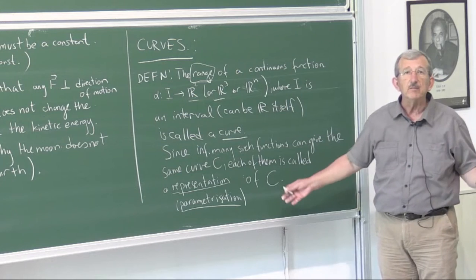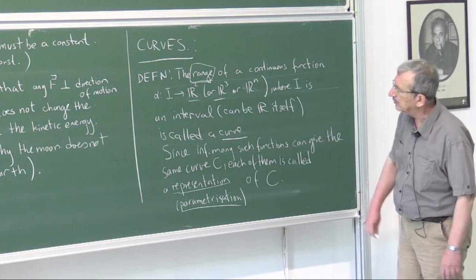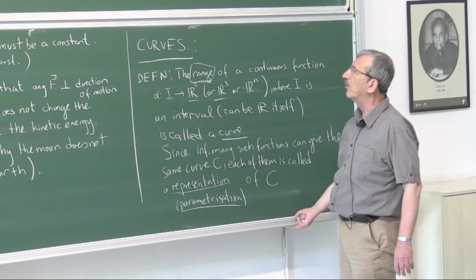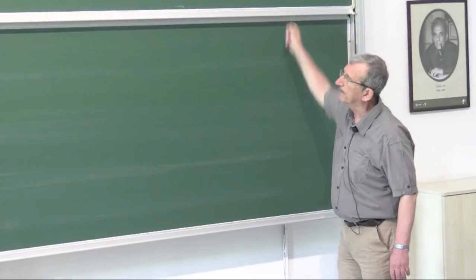There can be infinitely many such functions. Each of them is called a representation or a parametrization. This is the more mathematical term.